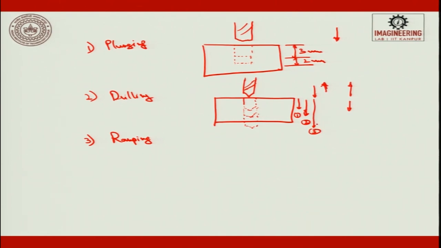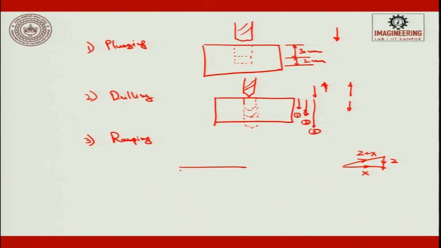This is drilling. What is ramping? As we know, a ramp is a wedge kind of shape. So the tool can move in the z direction, it can move in the x direction, and it can also move in z and x directions together.